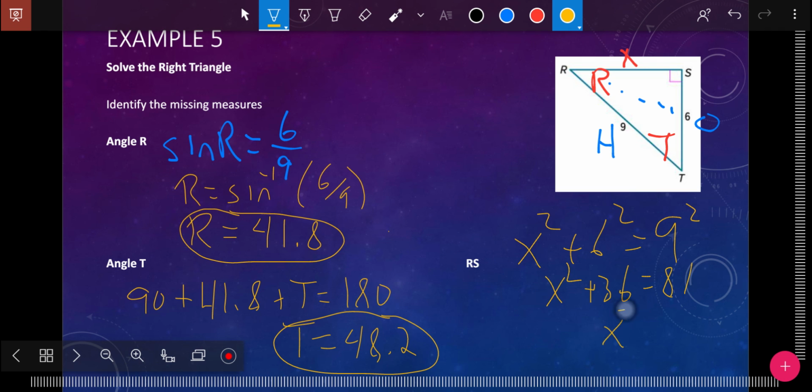I subtract over. And then I square root both sides. And so I'm just going to say x equals the square root of 45. Or if you did that as a decimal, that would be fine as well. Let me hit square root on my calculator real quick, and it's 6.7. So either square root of 45 or 6.7 would be fully acceptable there.